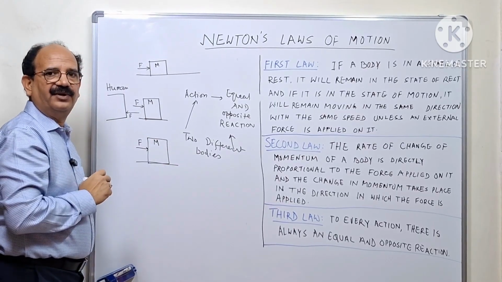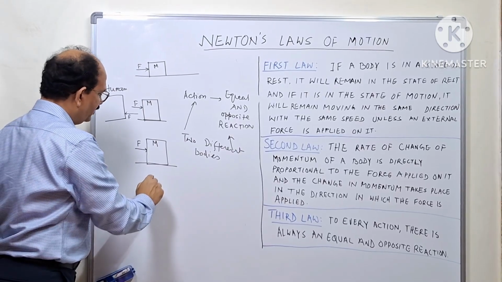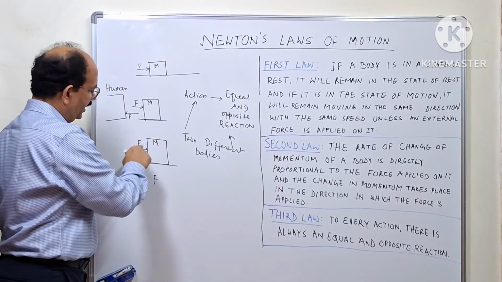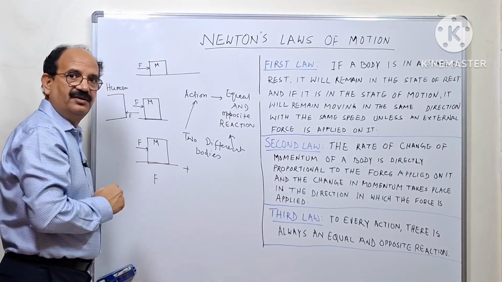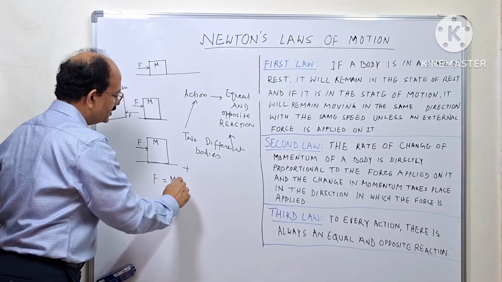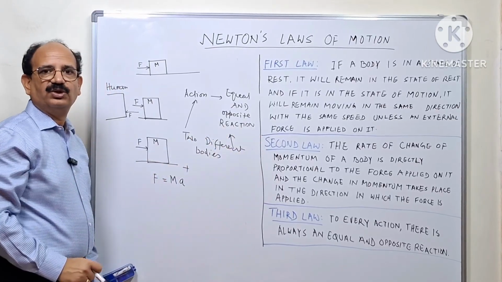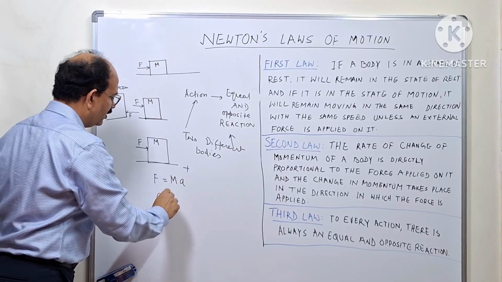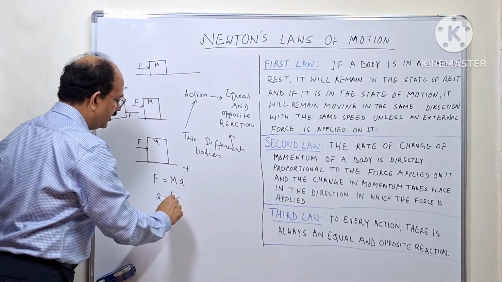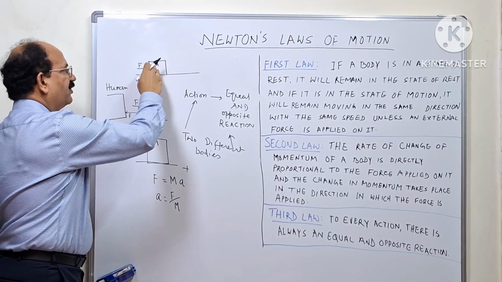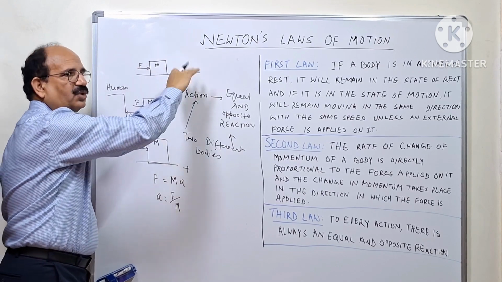Only F. So the resultant force on this body is F, the net force in the positive x direction. That will be equal to mass into acceleration from the second law of motion. So the acceleration produced in this book will be equal to the force applied divided by the mass, and that is how it will start from the state of rest and go into motion.